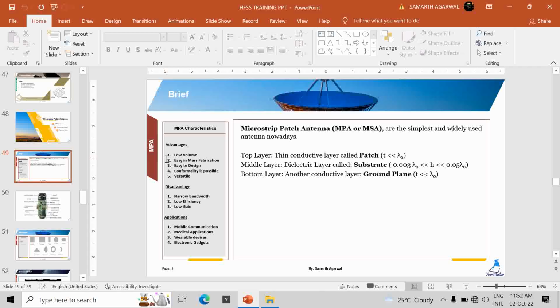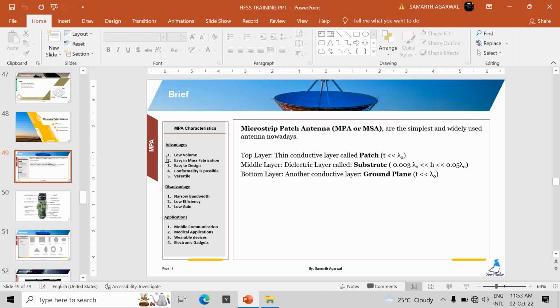So the thickness of that conductive layer should be some minimum, which is known as 1 ounce or half ounce, that is 0.035 or 0.017. This thickness should be very much lesser than lambda naught, meaning the wavelength at that frequency. Similarly, in the case of the dielectric layer, the thickness of that substrate should lie in the range from 0.003 lambda naught to 0.05 lambda naught.